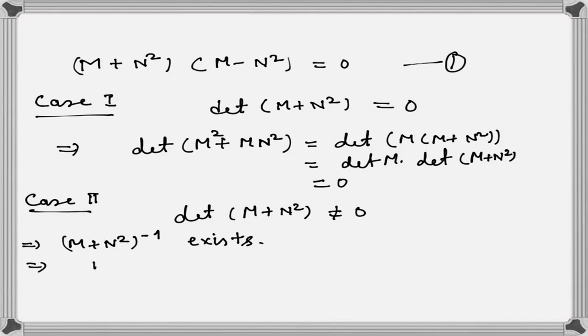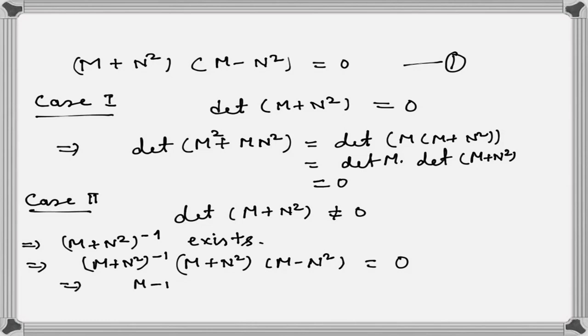This implies M plus N square inverse into M plus N square M minus N square is equals to 0. So here we just multiplied M plus N square inverse to equation 1 from the left. This gives identity matrix. So this implies that M minus N square is a 0 matrix.